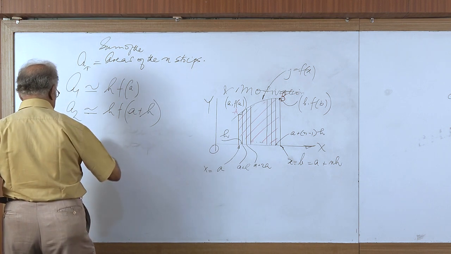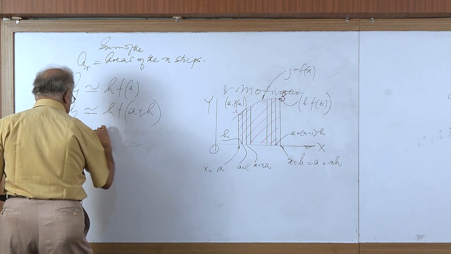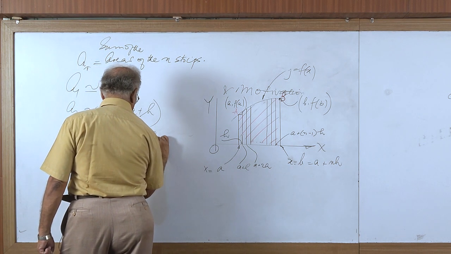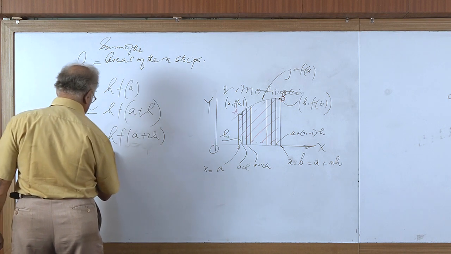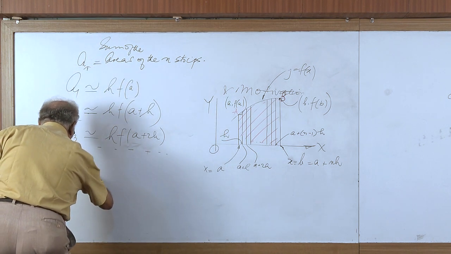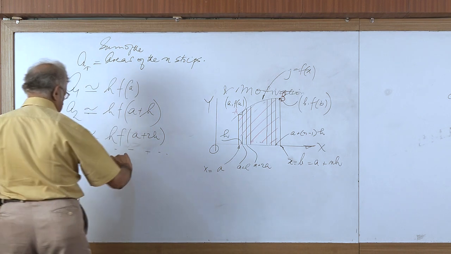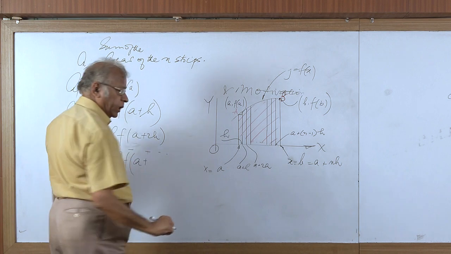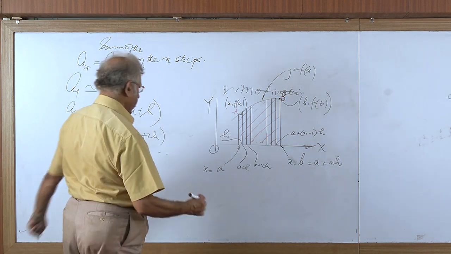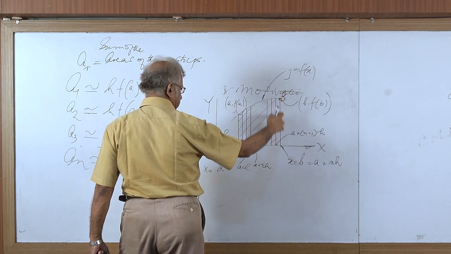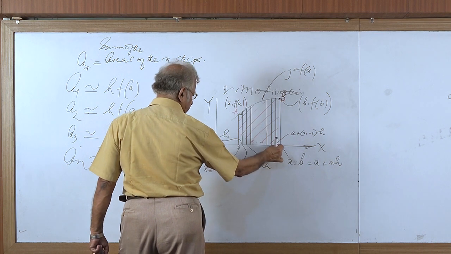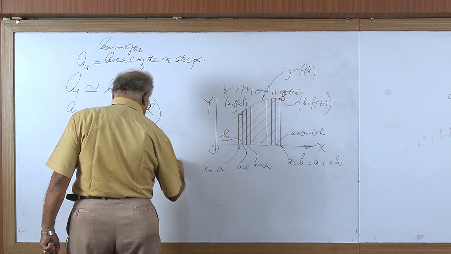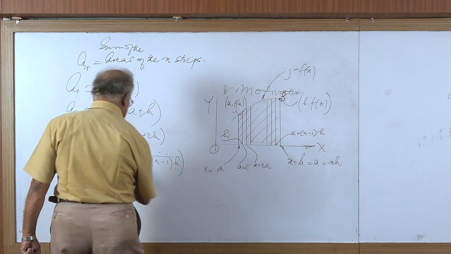A3 is approximately equal to h f(a plus 2h), and we carry on doing this and write the area of the nth strip is approximately equal to h f(a plus (n minus 1)h), because the last ordinate is f(a plus (n minus 1)h) and that multiplied by h. So there we are.